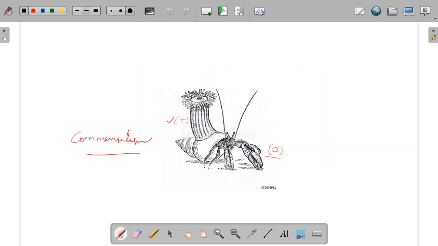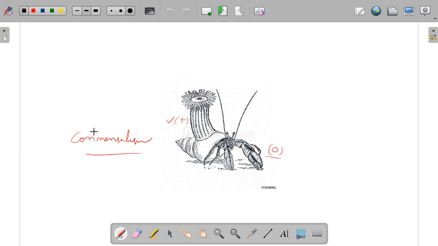And this is also another kind of association called commensalism. Commensalism is a condition where you can see the sea anemone attached to the top of this organism, say the shell of a crab, where the sea anemone gets shelter being present on the top of the shell, whereas the crab is neither benefited nor harmed.